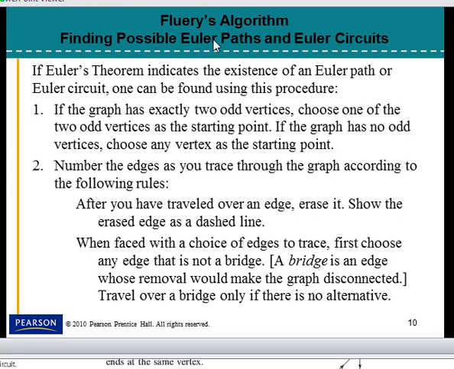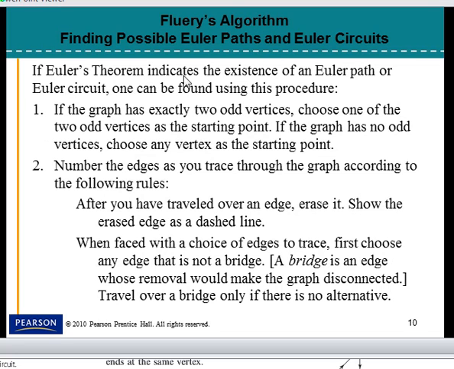Okay, let's talk about Fleury's algorithm. Fleury's algorithm can help us find Euler paths and Euler circuits. This discussion is on finding possible Euler paths and Euler circuits by using Fleury's algorithm.